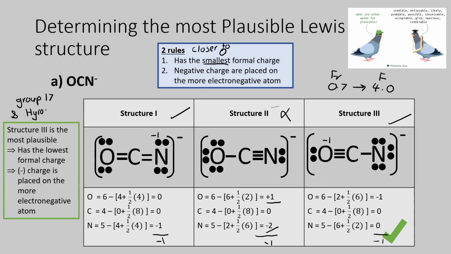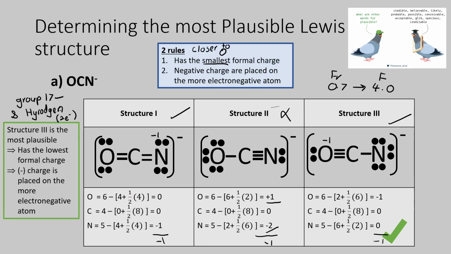Okay, hydrogen sebab dia hanya boleh ada 2 electrons. Okay, group 17 can only ever do single bond. Kalau dia buat double bond, nanti dia akan ada positive charge, which is unfavorable.